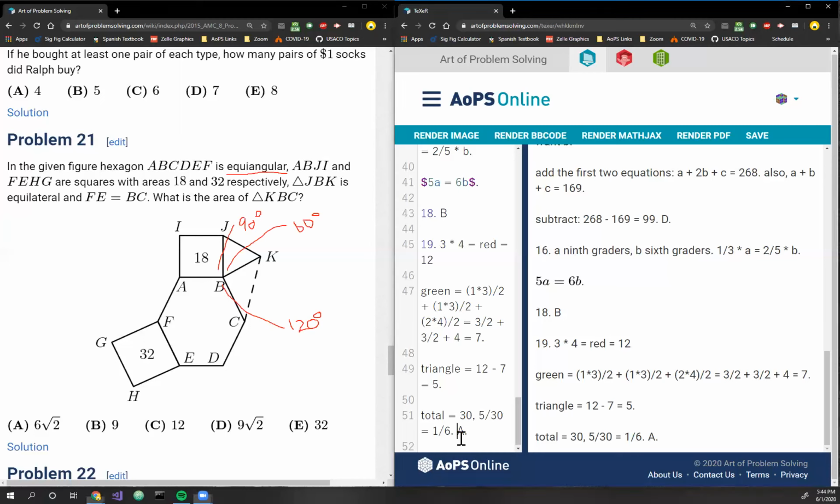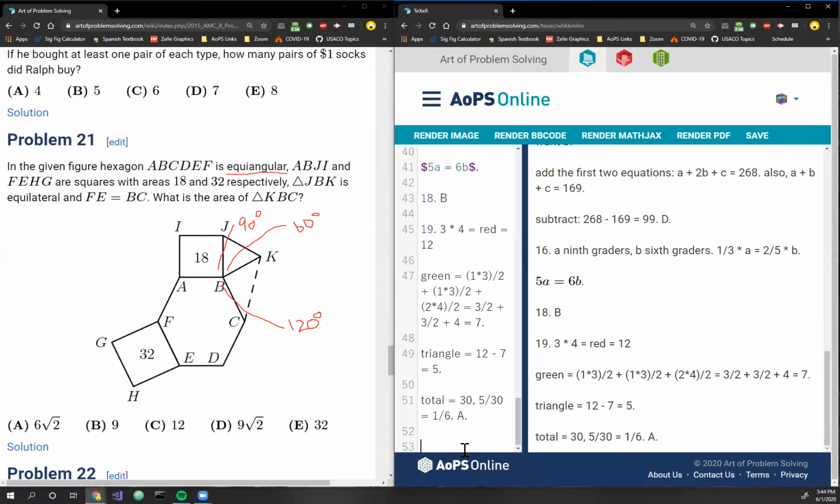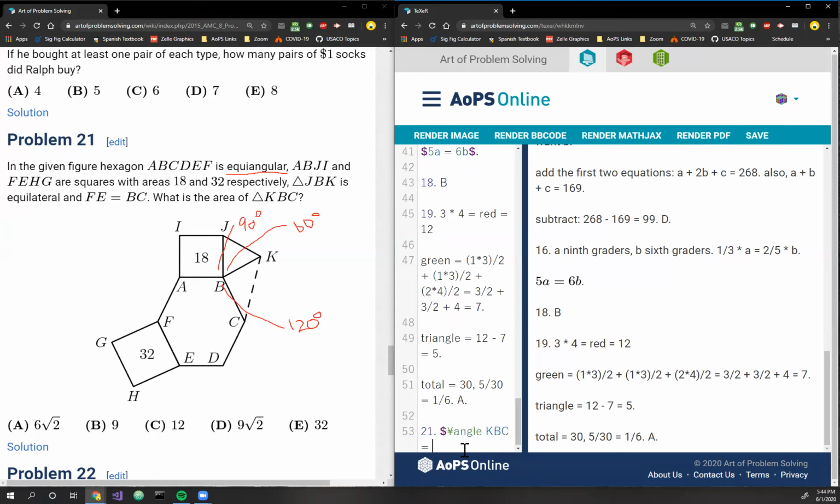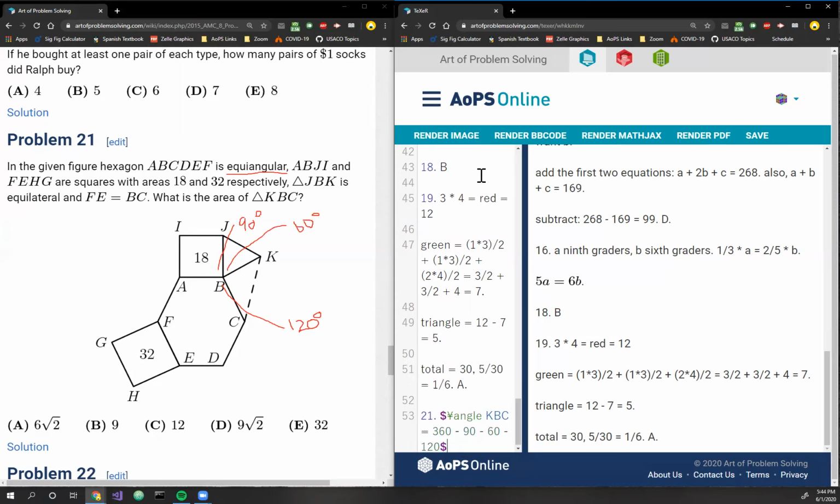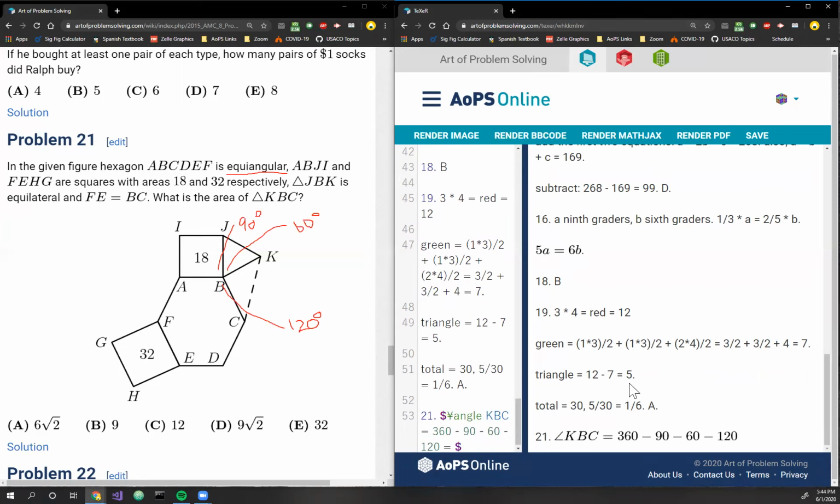So for number 21, angle KBC is equal to 360 minus 90 minus 60 minus 120. So KBC is equal to 90 degrees. That's pretty nice.